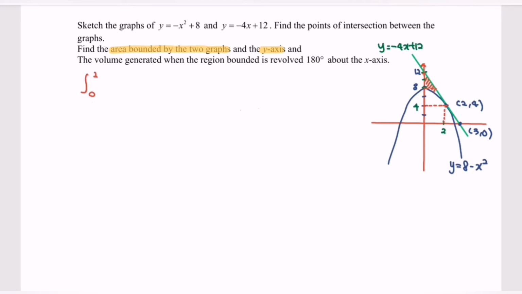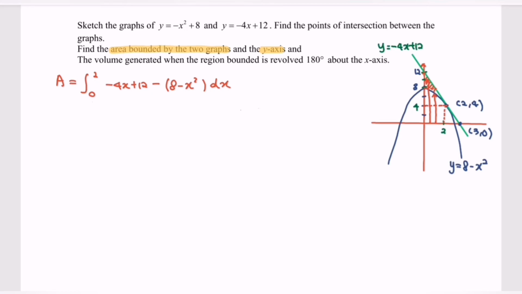In order to write the formula, kindly refer to the region. Here we have the longest and the shortest path. So the longest comes first, meaning that we have negative 4x plus 12 minus the shortest, where we have 8 minus x squared, with respect to x. So that will be the area.